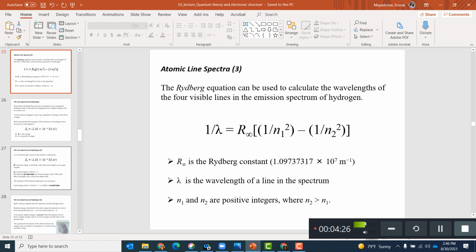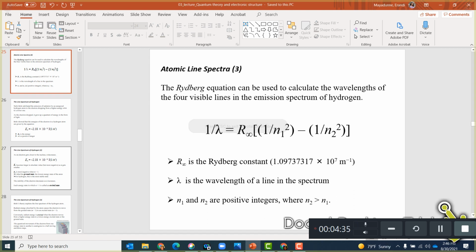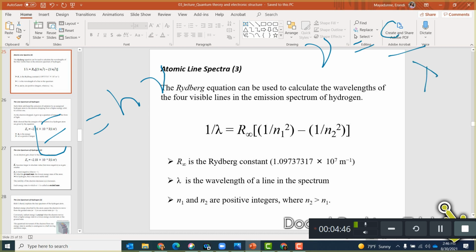But there is another equation: E equals h nu. Remember? E equals h nu, and nu equals c over lambda, right? Remember the very first equation we learned, c equals lambda nu.